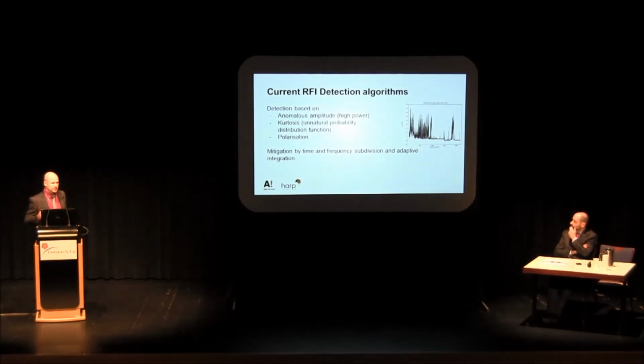And also polarization is one of the possibilities, because very many artificial signals like radio signals are strongly polarized, as natural signals are usually not.